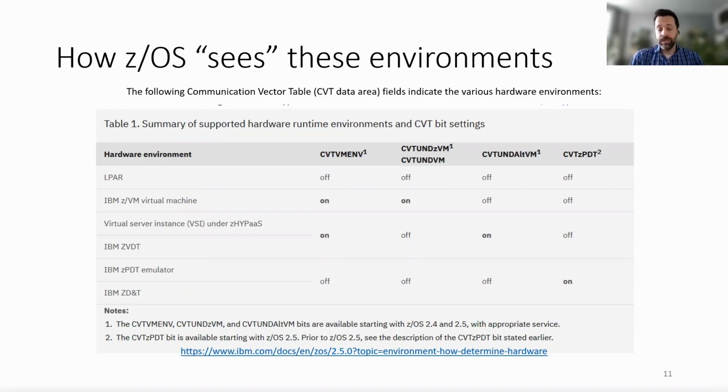So if you're building zOS software and it matters where it's running, whether it's on ZVDT or ZDNT or any of the other virtualized mechanisms, there is a way that you can programmatically check based off of these CVT bits. Sorry, I get the acronyms all mixed up. CVT bits, and yeah, you can figure out the environment that it's being run in.